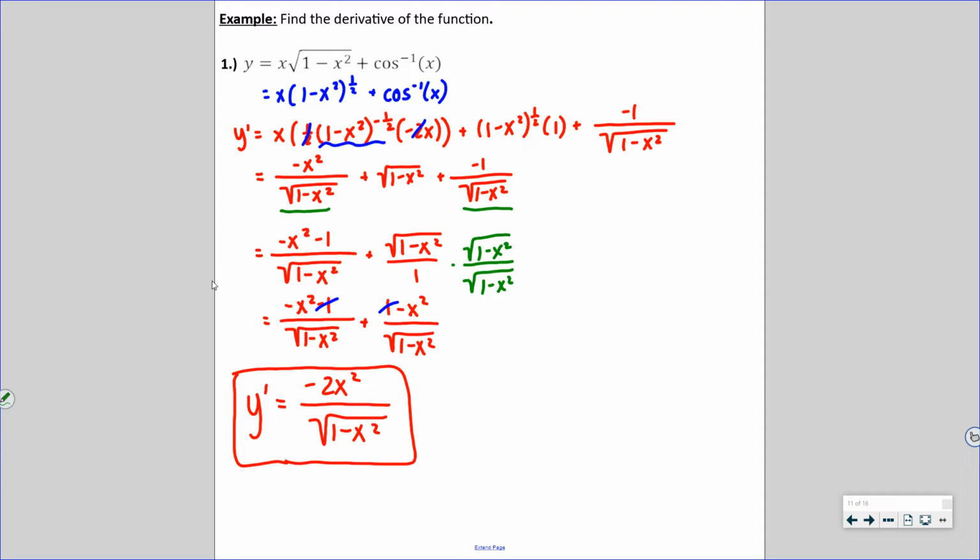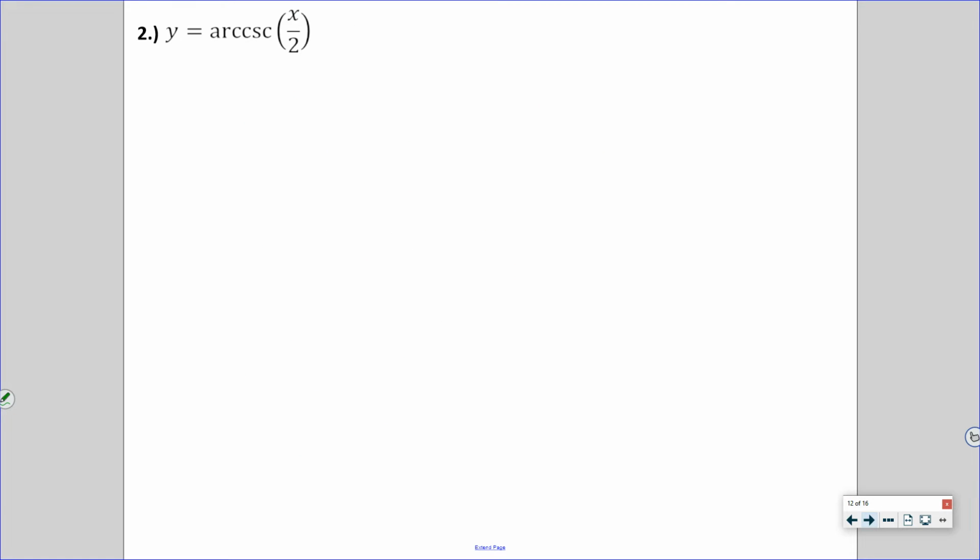Okay, let's try another one. Arc cosecant, which is the same as inverse cosecant, of x over 2. All right, so looking at my derivative rule for inverse cosecant.